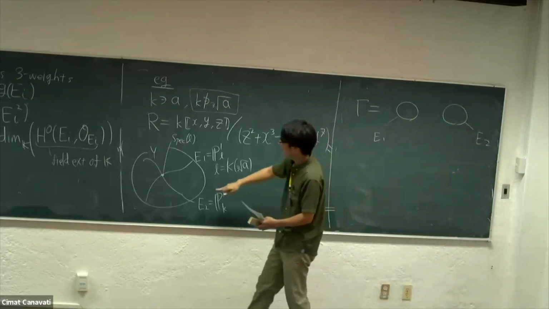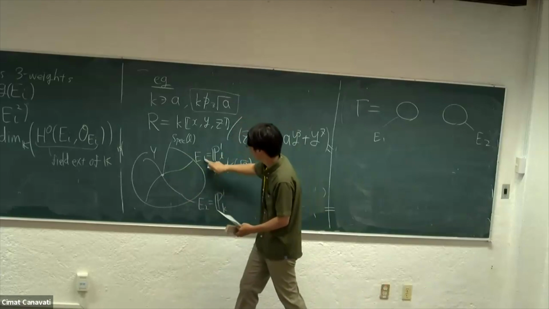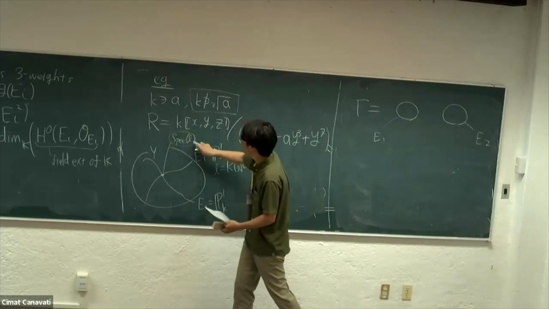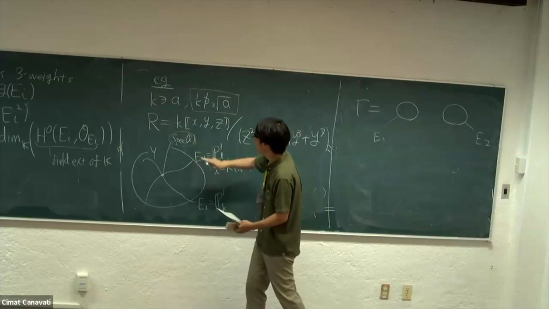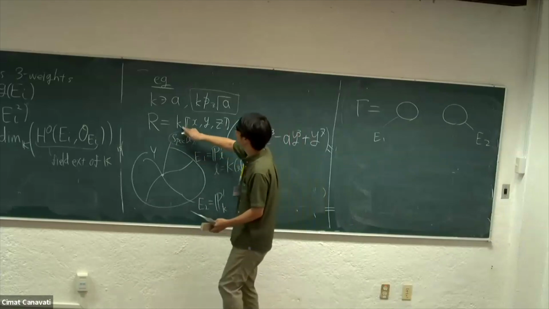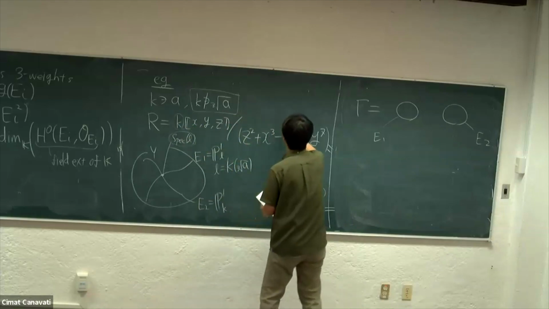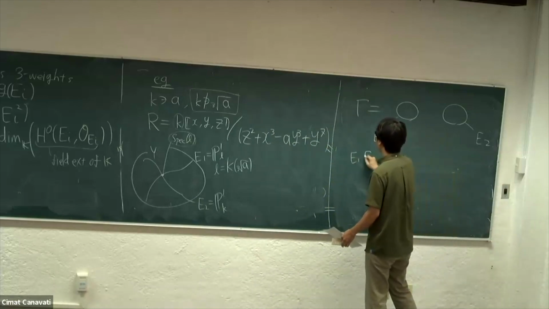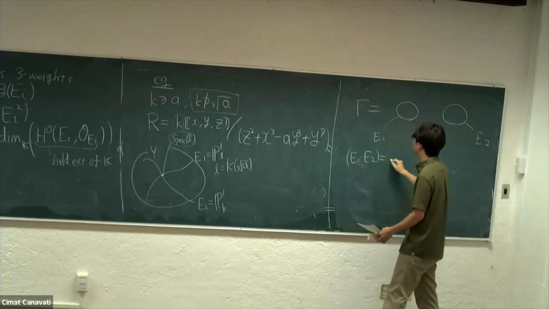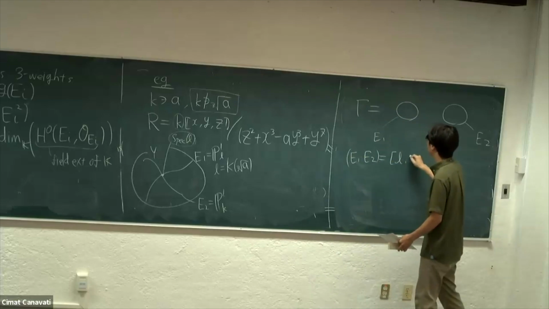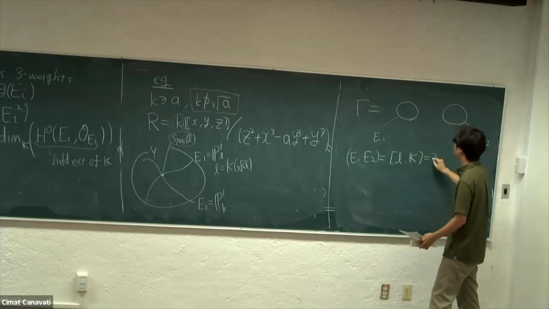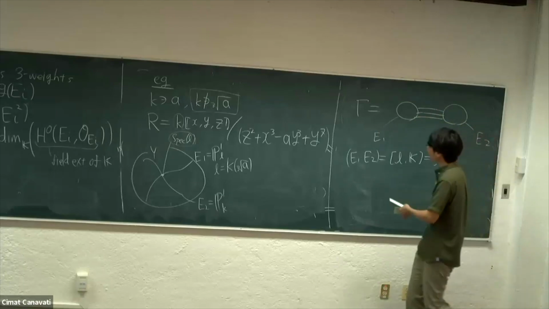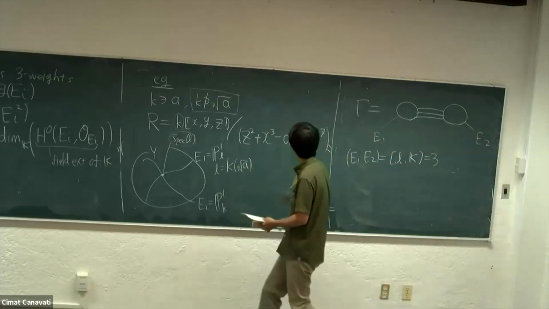And the number of edges is the intersection number of E1 and E2, which is the length of this scheme theoretic intersection over the base field or residue field of R. So now we have 3. So we write 3 edges here. And we have weights like this.